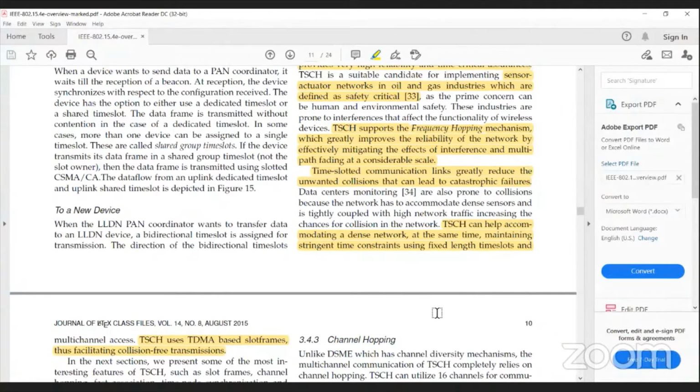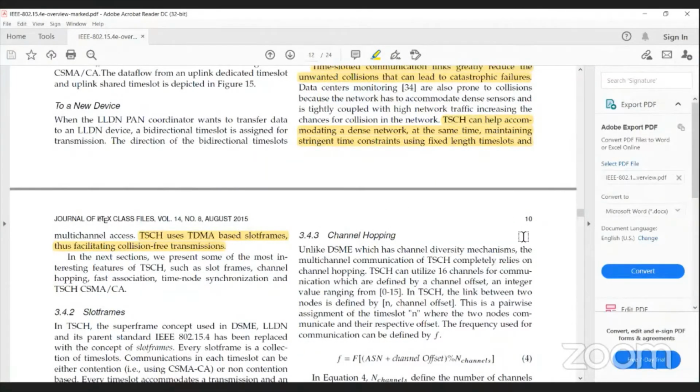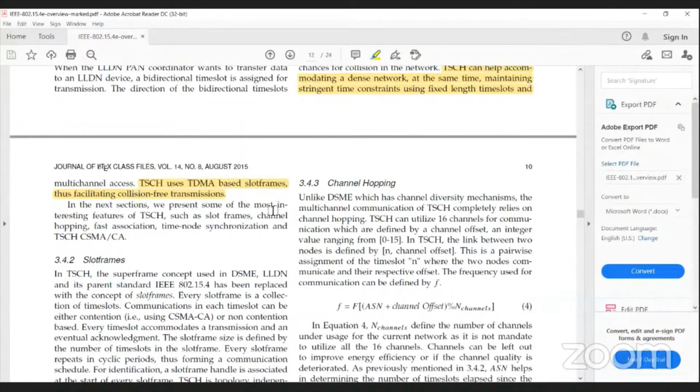At the same time you can maintain stringent time constraints using fixed length time slots and all that. It also supports multi-channel access. TSCH uses slotframes, thus facilitating collision-free communication.